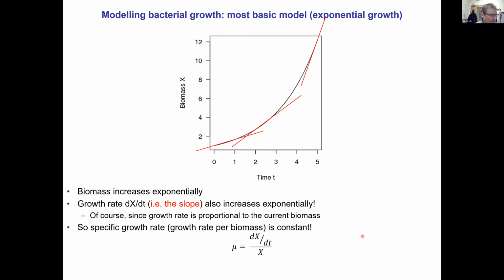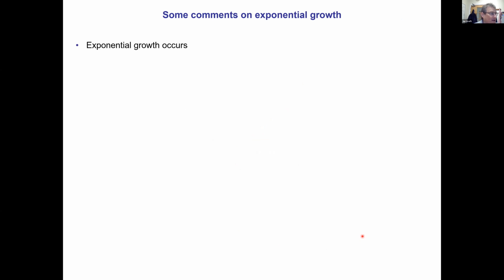Okay, that was the first part about exponential growth. Some more explanations and comments about this. We expect exponential growth to occur whenever the specific growth rate mu is constant and doesn't depend on anything.